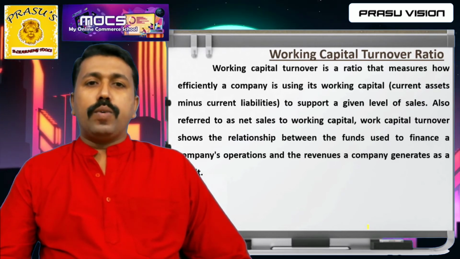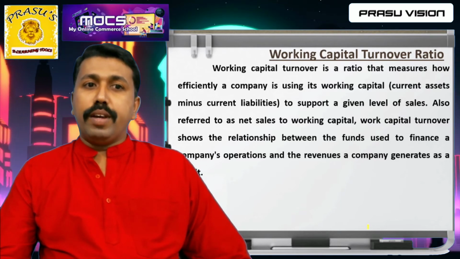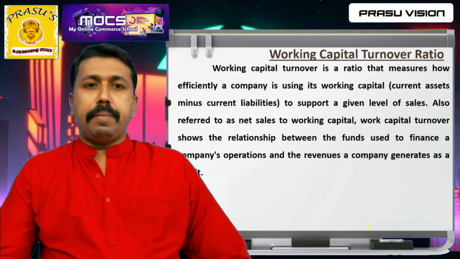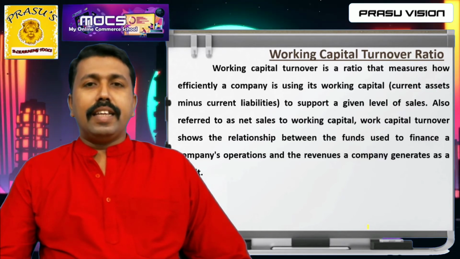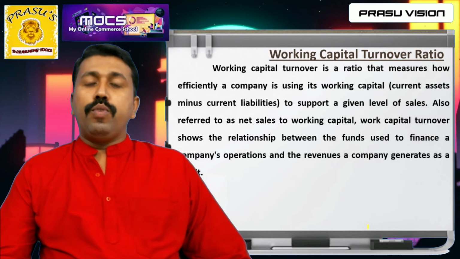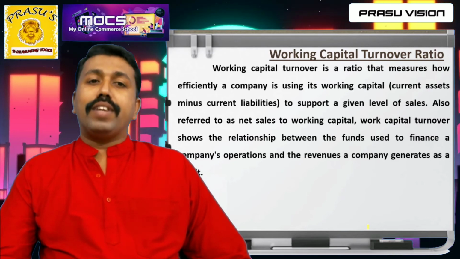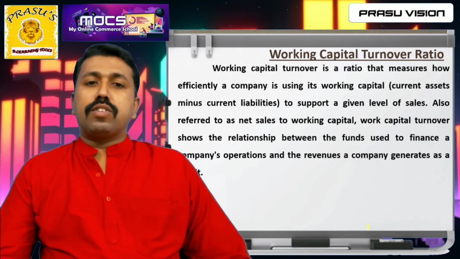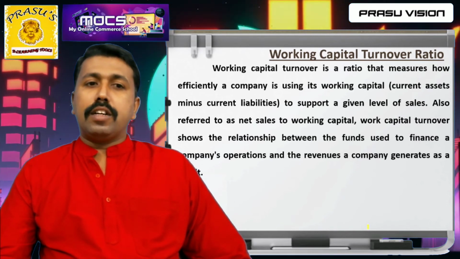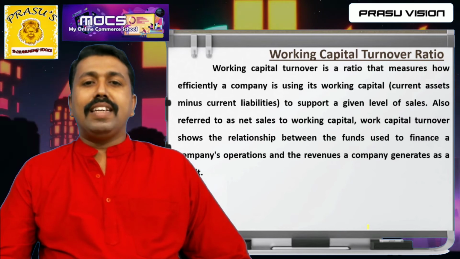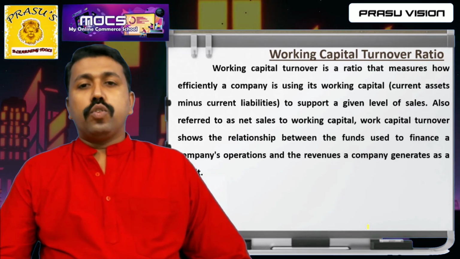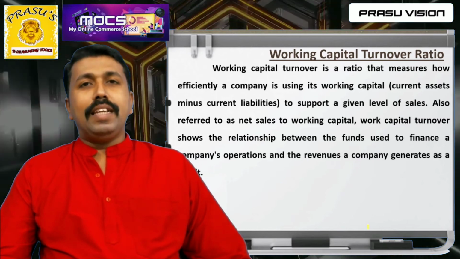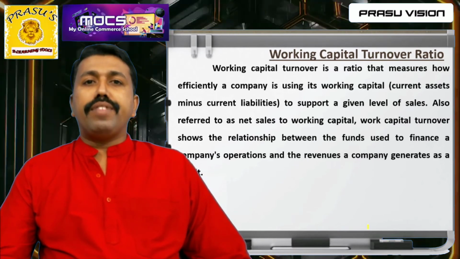Working capital turnover is a ratio that measures how efficiently a company is using its working capital, how much money they can collect as revenue when they are investing some amount of working capital. It is also referred to as net sales to working capital, and it shows the relationship between the funds used to finance a company's operations and the revenue the company generates from that amount of finance.